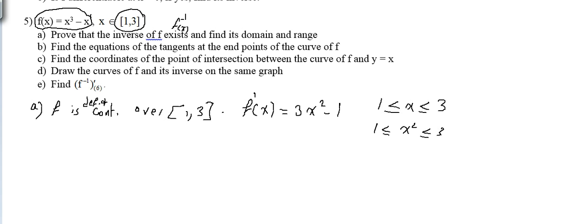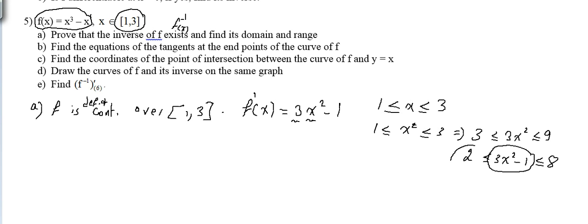Because I need to have x squared. Actually, I need 3x squared, so let us multiply all of them by 3, a positive number, so the signs don't change. Then subtract 1. This will be 2, this will be 3x squared minus 1, and this will be 8. So it's a function between 2 and 8.